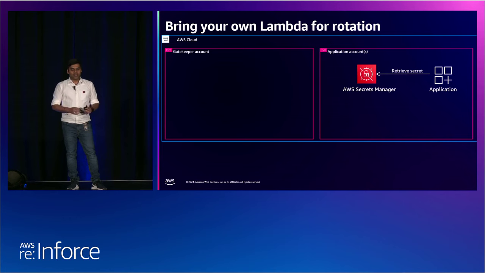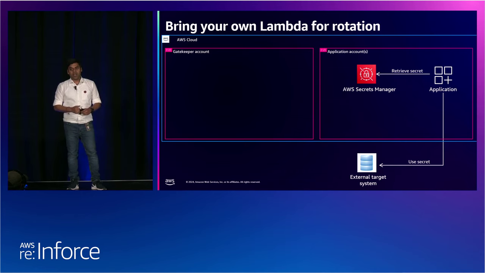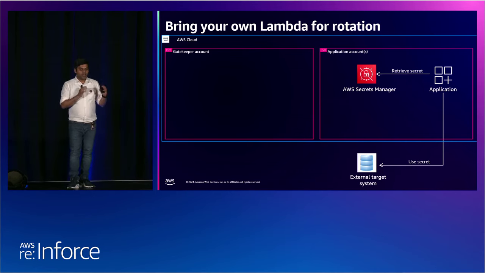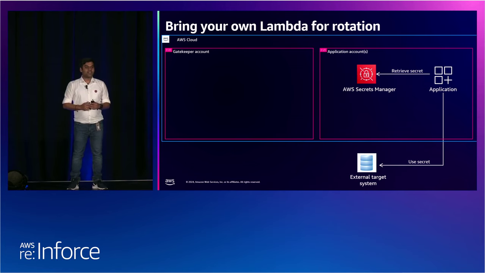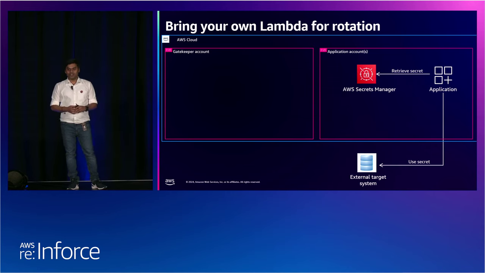The same example, your application is running, but now in this example, your application actually talks to an external target system, and we do not want to give the gatekeeper account access to this external target system. But we still want to do centralized rotation of the secret. So how do we do that?